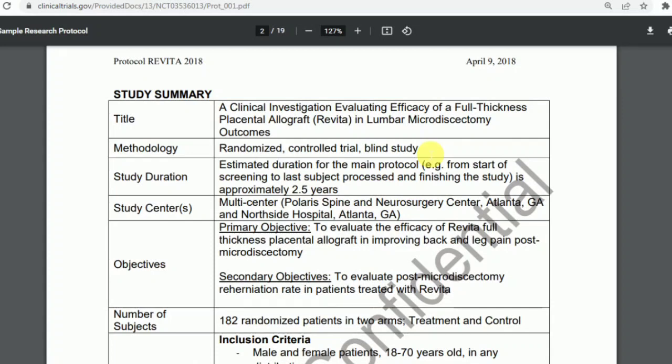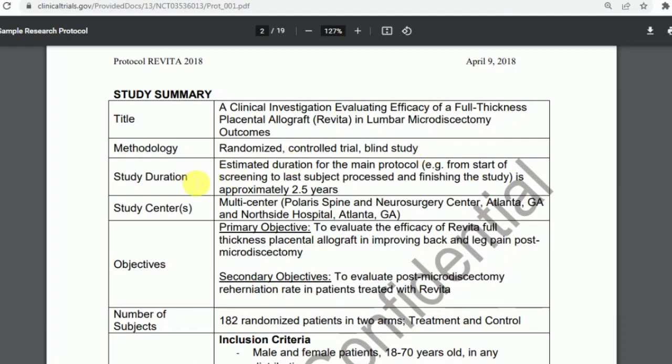Single blinded is where the principal investigator is aware of the study drug, but the subject is not. Double blinded is where the principal investigator and the subject both are not aware of the study drug, and unblinded studies are where both the principal investigator and subjects are aware of the study drug.